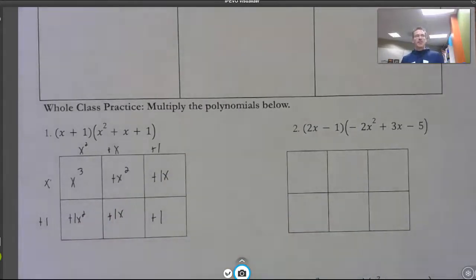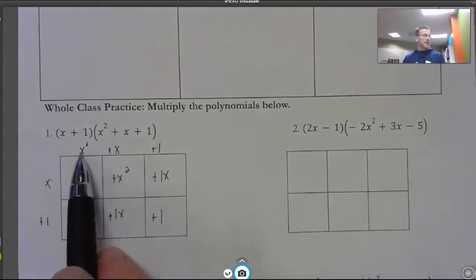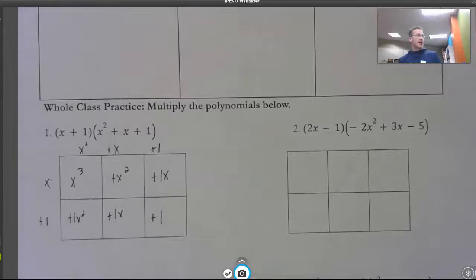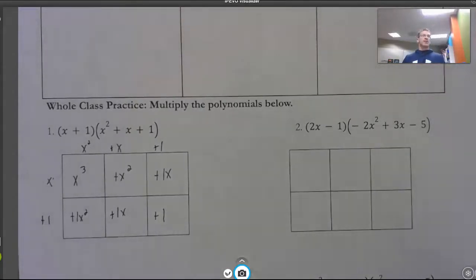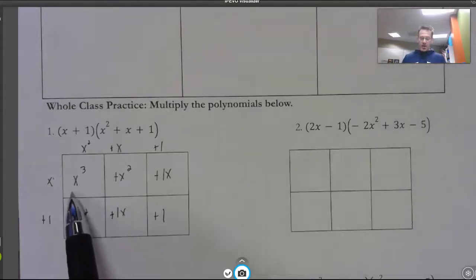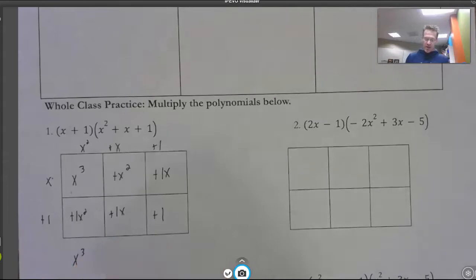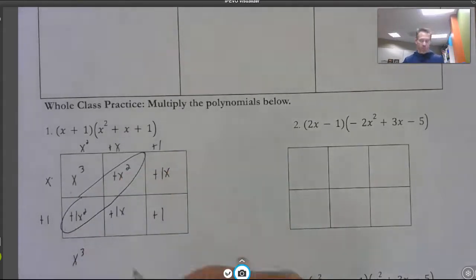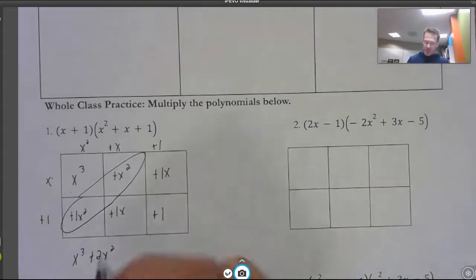Now, the reason I like this is that if you put everything in descending order along the top and descending order along the side, then your like terms more than likely will be on the diagonals, as long as you don't have any powers skipped. So x cubed is the only term with an x cubed in it. And then I can see that my x squareds are along this diagonal. So 1x squared plus 1x squared is 2x squared.